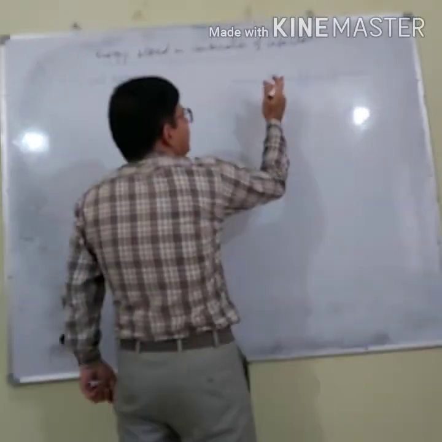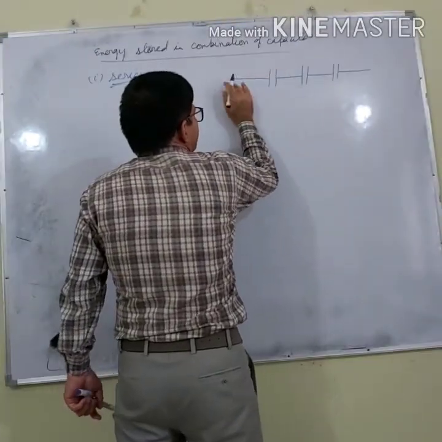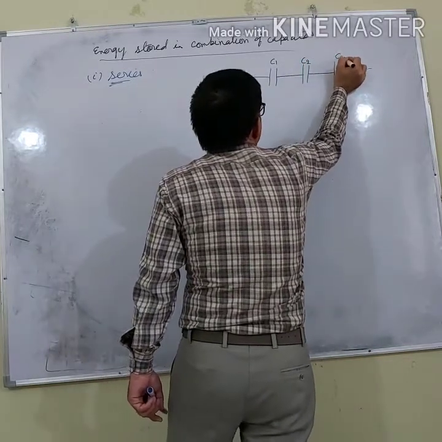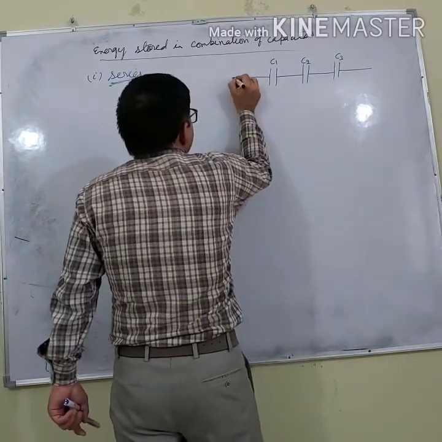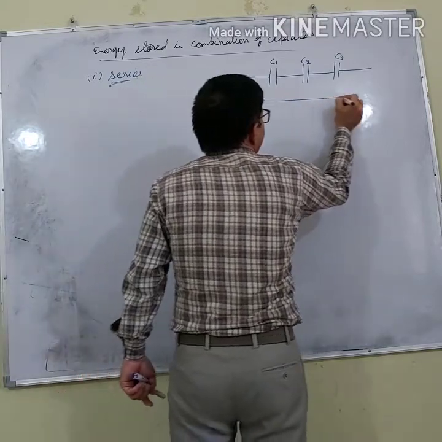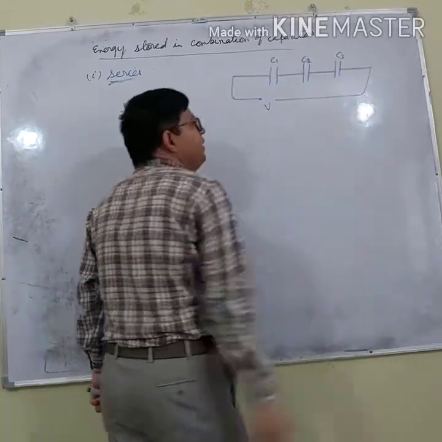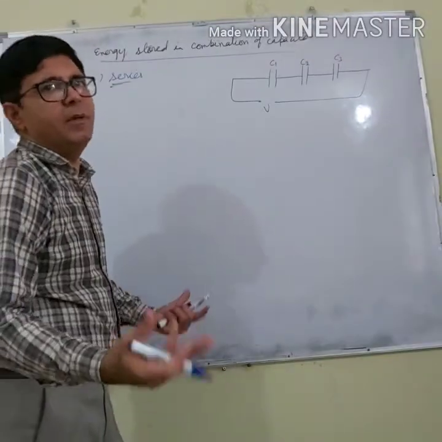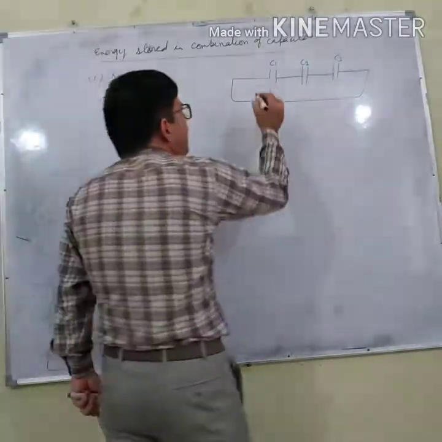So let us say I am having capacitors C1, C2, C3. These capacitors are connected in series combination. If they are connected in series combination, what will be the same? The same will be the charge.